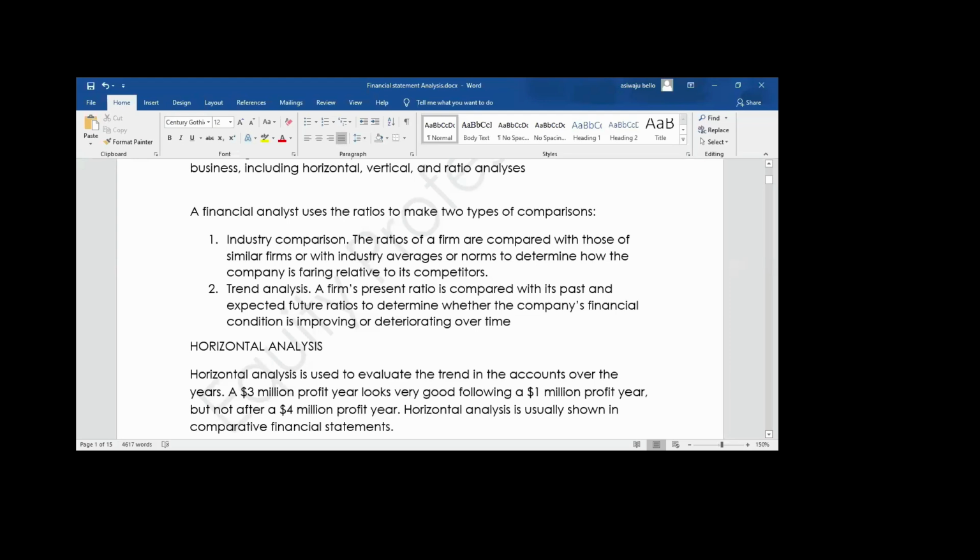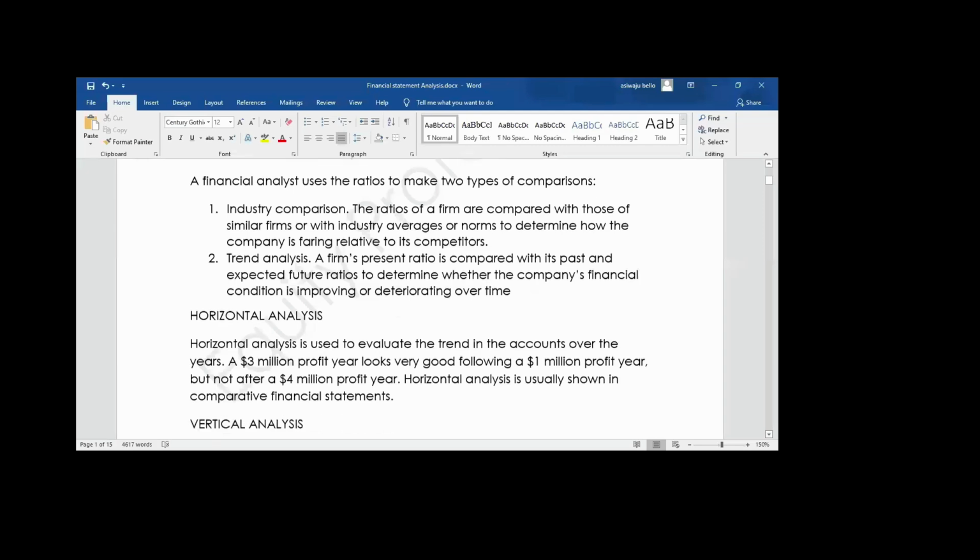When you are comparing, what you are doing is what we call horizontal financial analysis. We also call it comparative financial analysis. You compare a financial figure with the next. That is one.